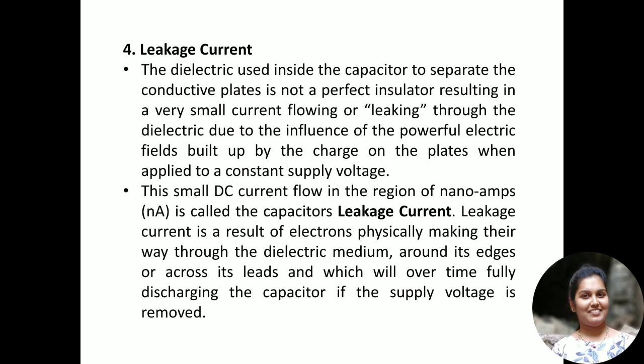Okay, when the leakage is very low, like when we see in film or foil type capacitors, it is generally referred to as insulation resistance and is expressed as a high value resistance in parallel with the capacitor.